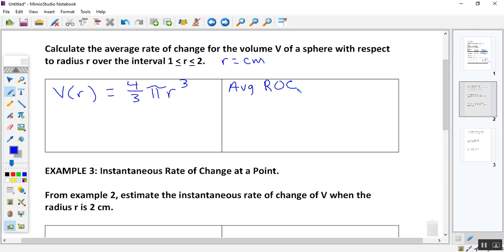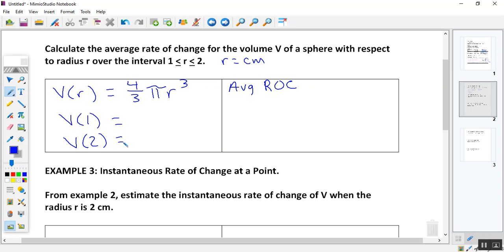I need a volunteer to help me. Somebody plug 1 in for my radius here, and then someone plug in 2 for the radius. Who's willing to plug 1 in for the radius and solve that for me?